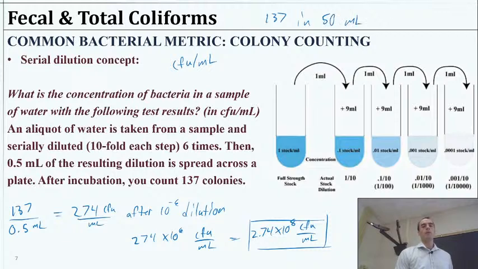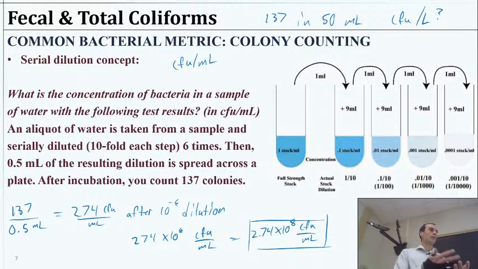And then the question might be the colony forming units per liter, right? Almost the same exact problem, just a slightly different direction. This time we concentrated it, and you can see that you're having to deal with the dilution effect, or the concentration effect, right?